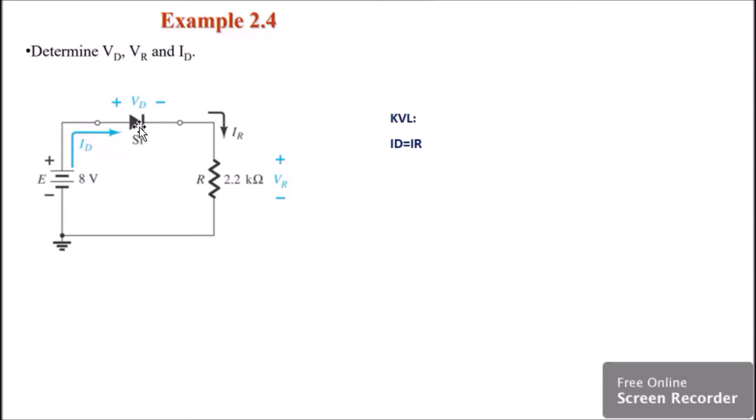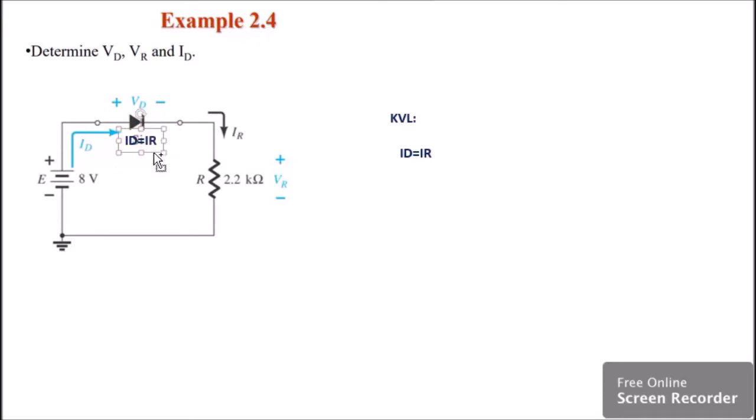Alright? So, since on siya, pwede na natin siyang isipin as if meron lang siyang battery. Tama po ba? So, because this is silicon, pwede na natin siyang palitan ng kanyang equivalent na voltage.